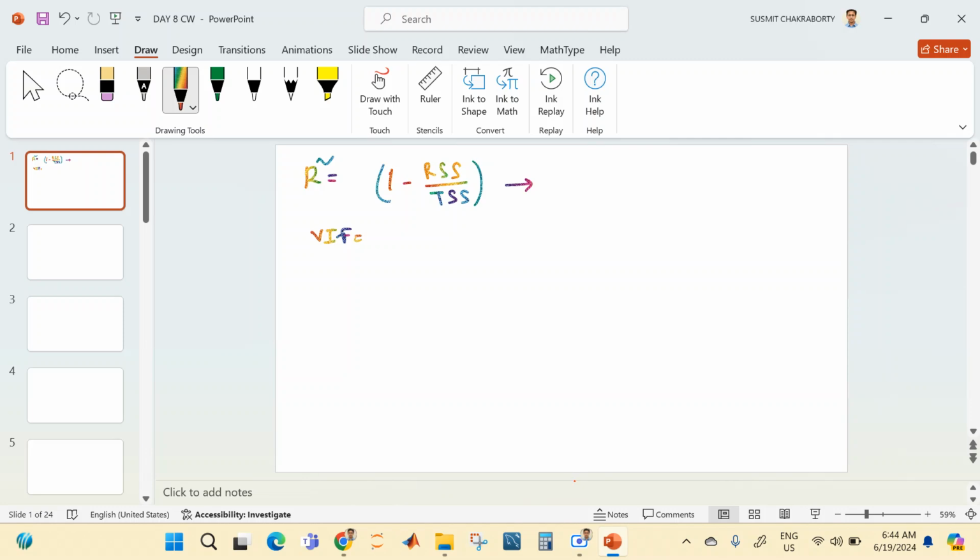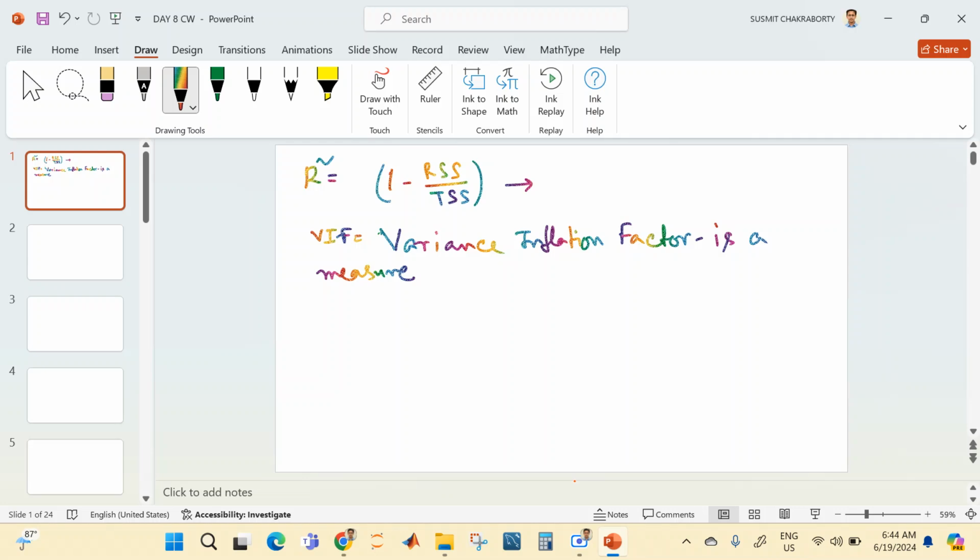Okay. So VIF, the full form is variance inflation factor. So what is this basically?